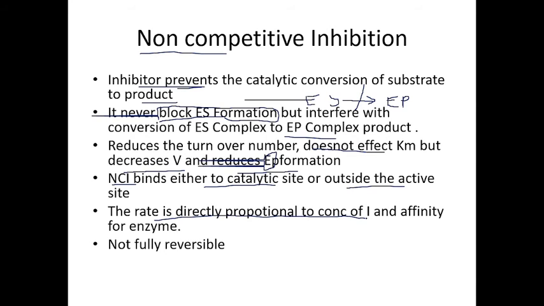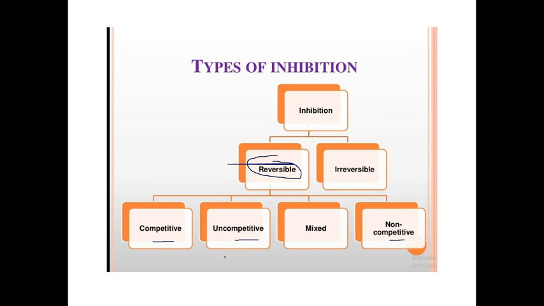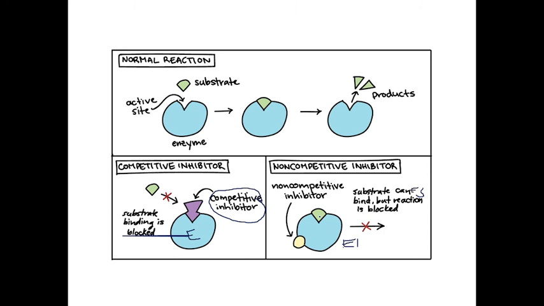It can allow the formation of ES but doesn't allow the formation of EP. So the rate of reaction depends upon both enzyme and inhibitor. It is not fully reversible, unlike the reversible inhibition we have already done.